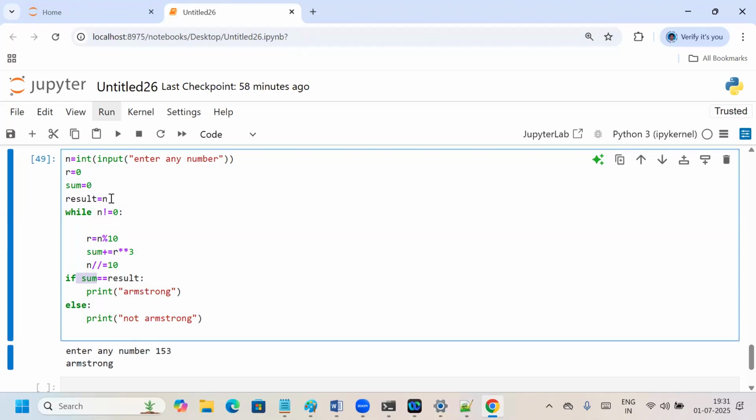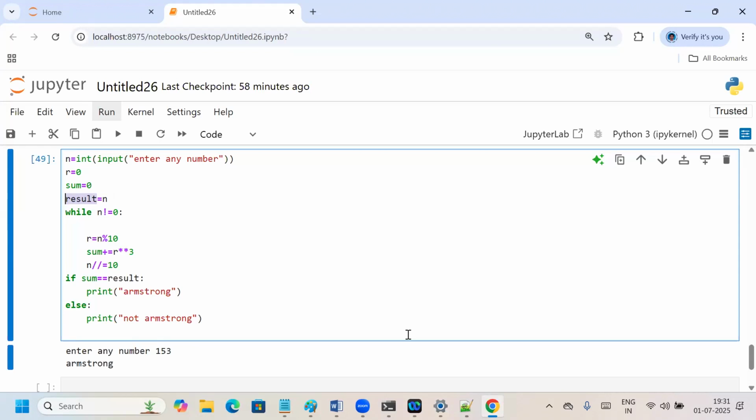So better to store this n value in some variable, so that we know that at the end n will become 0. So I want the number as it is to compare with the sum. That's why we are assigning that number to one of the variables.